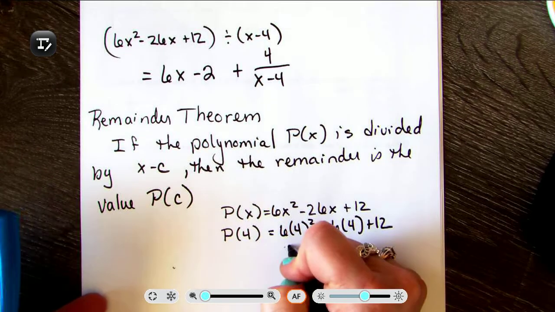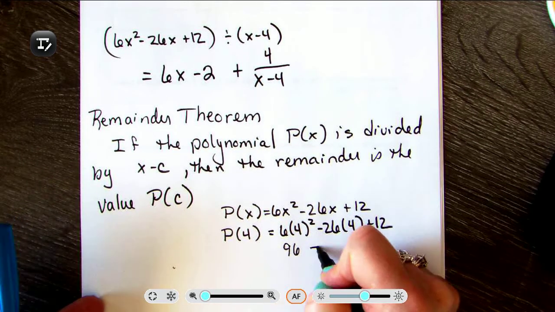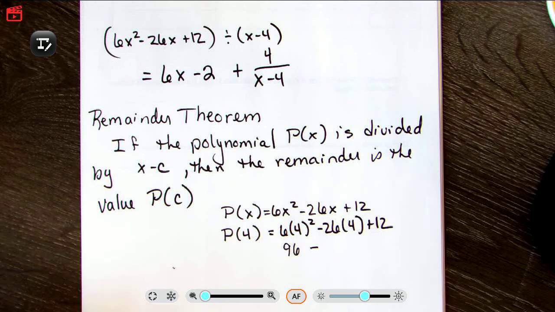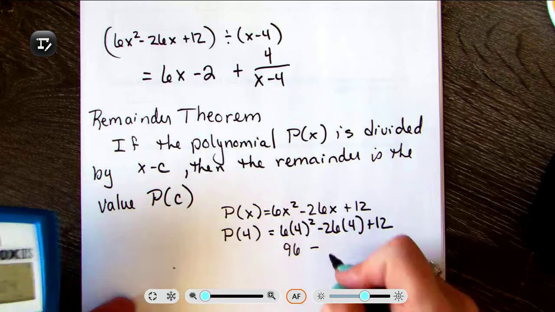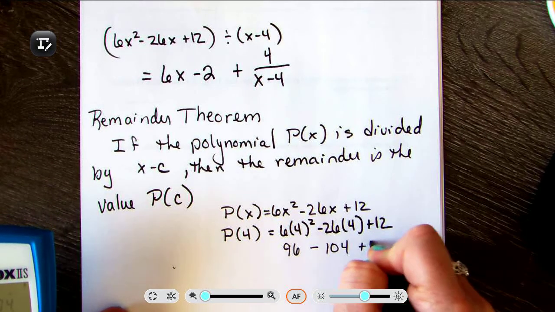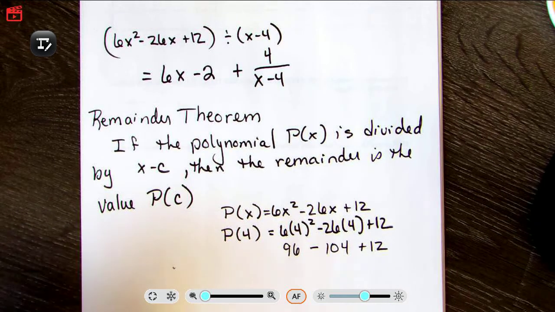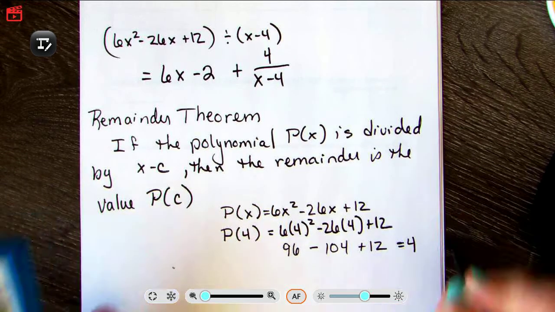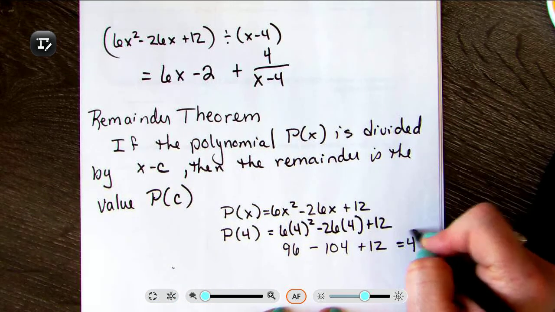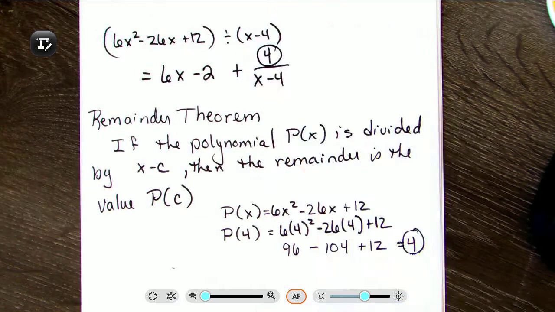I'll write all the numbers down here for us. So we get 96 minus 104 plus 12. So 96 minus 104 plus 12 gives me 4, which was our remainder.